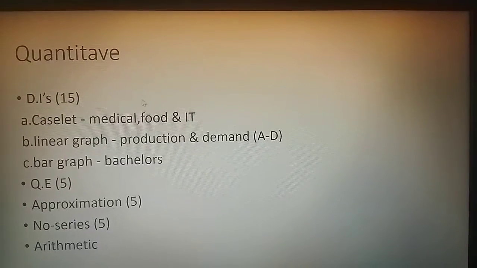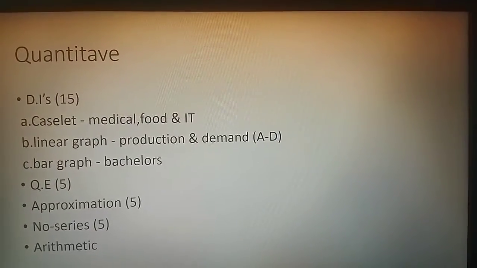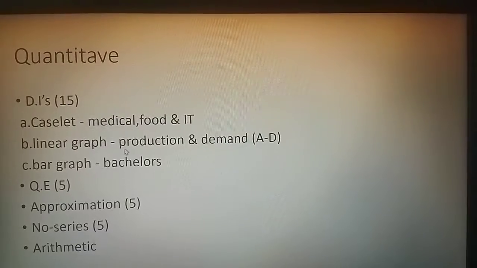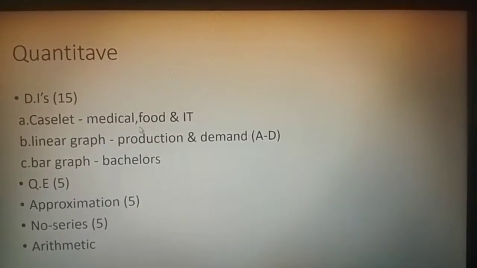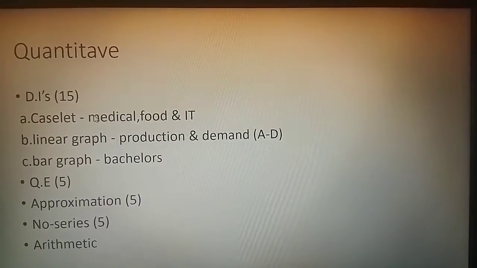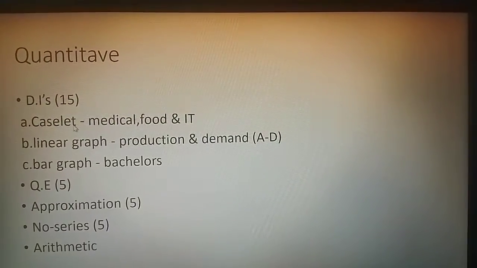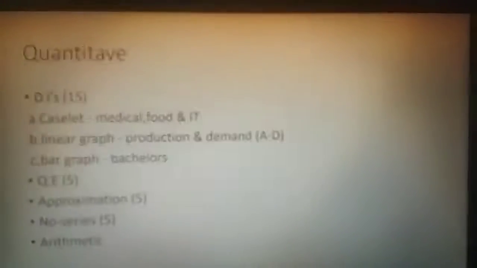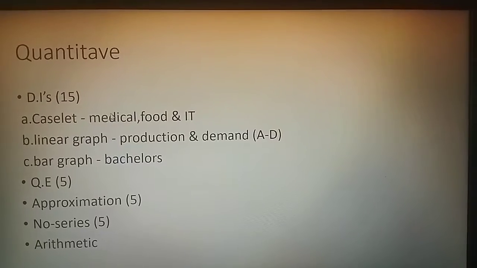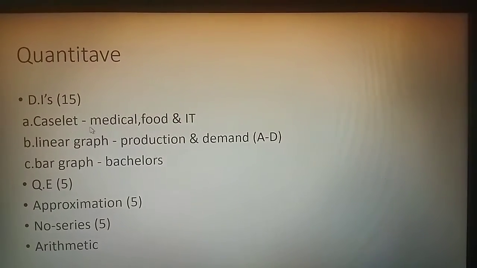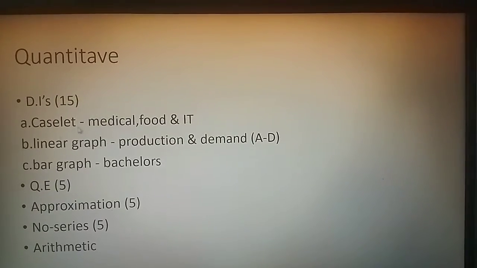That's it. If you prepare this data, all 5 questions you can easily solve, and they were very direct questions. It was very easy, guys. I did not feel it was a caselet. I felt it was similar to a Venn diagram, very very simple.